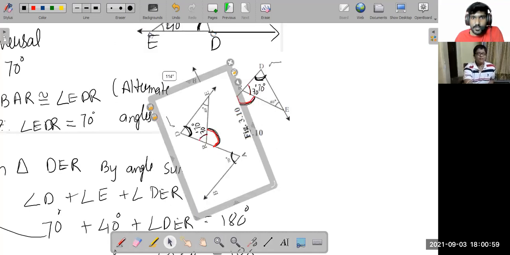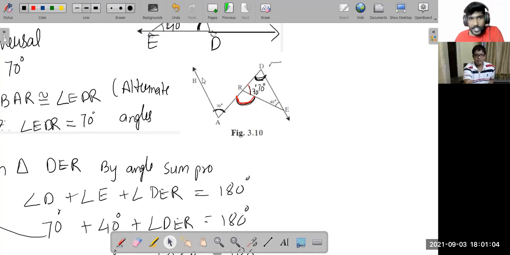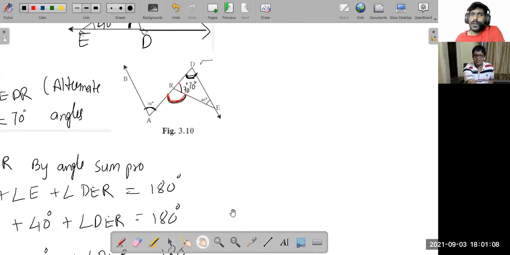It will be 110 degrees. Yes, how? Which property are you using? Linear pair. Okay. Linear pair, or you can also use the first theorem that you studied, the remote interior angle theorem. This is the exterior angle, and these are the two remote interior angles. So 70 plus 40 is 110. What you did is correct. Linear pair will also give you the answer.